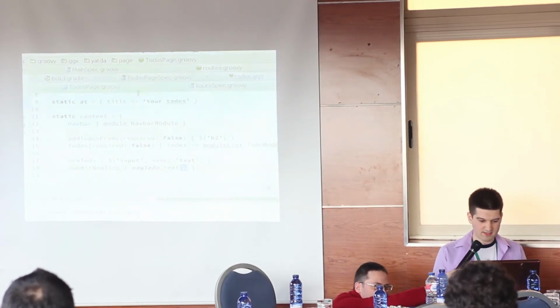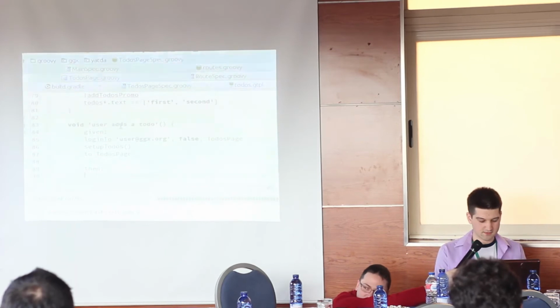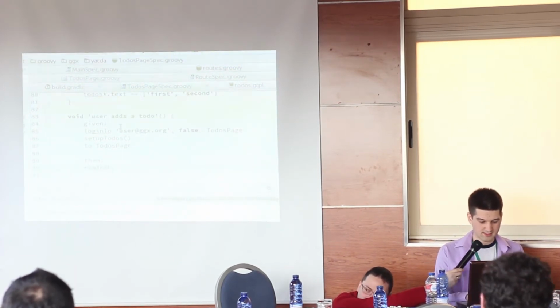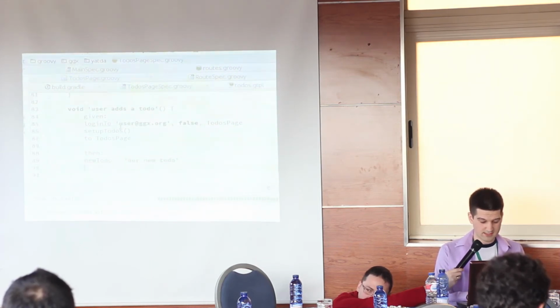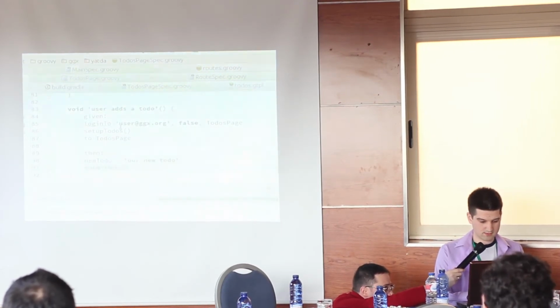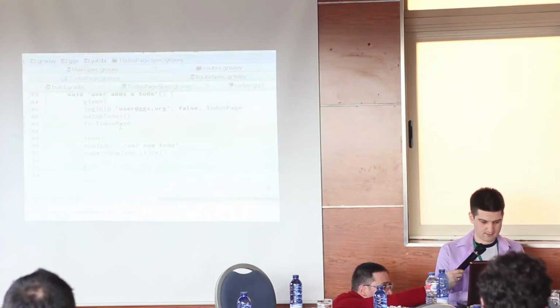So now we have our content specified, and going back to the test, we are saying that the text of our new to-do will be our new to-do. And then we're going to click on submit new to-do. Oh, should be a when block, of course, instead of a then block.